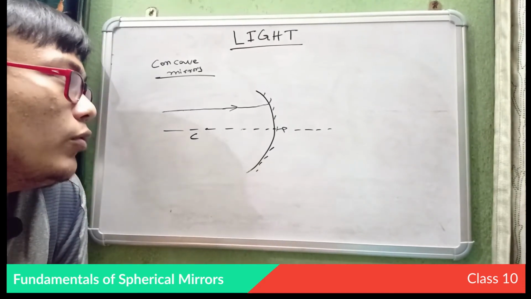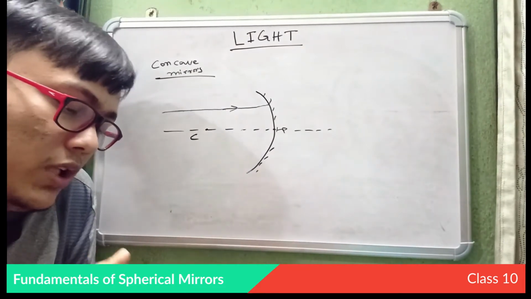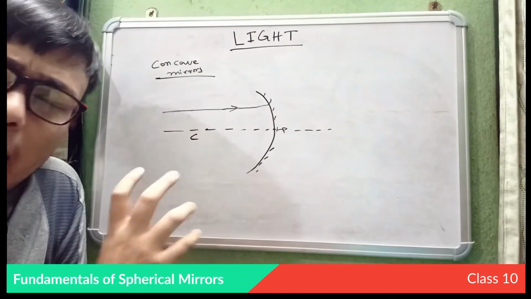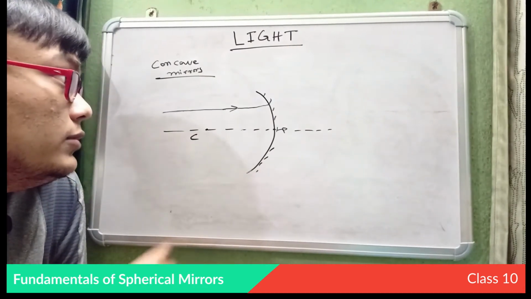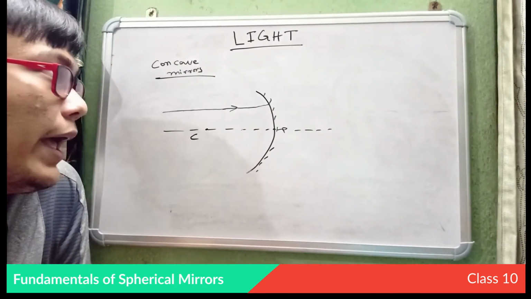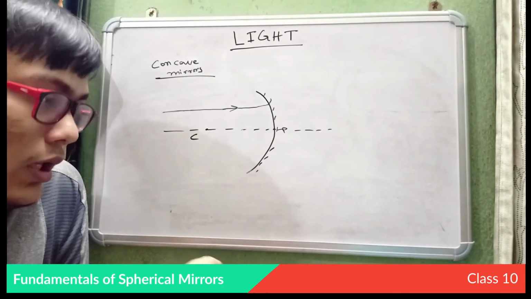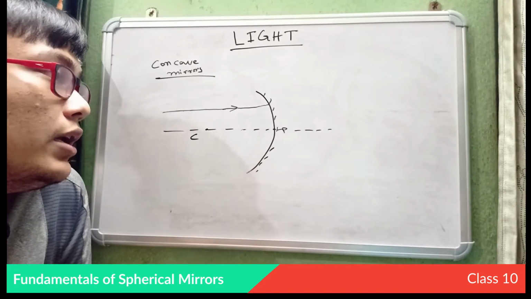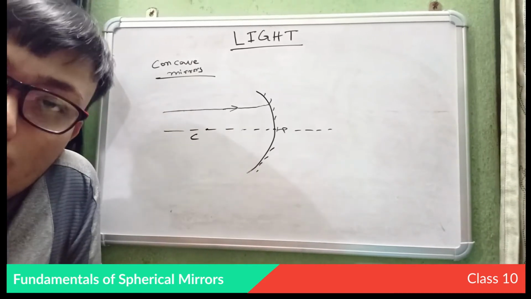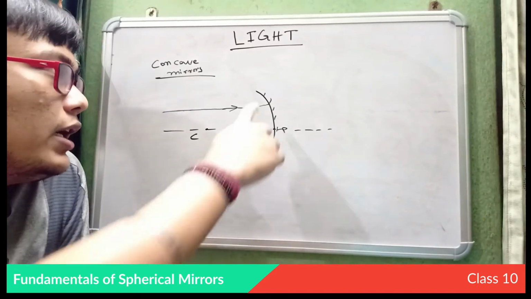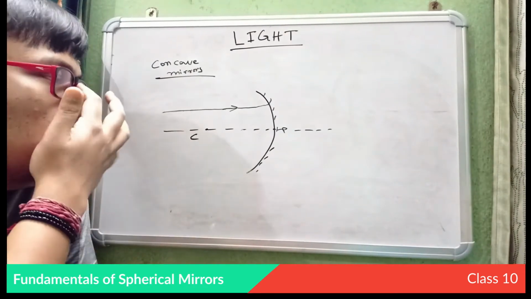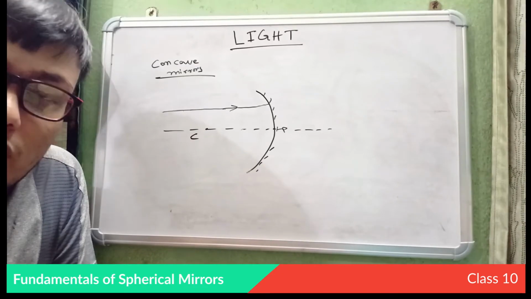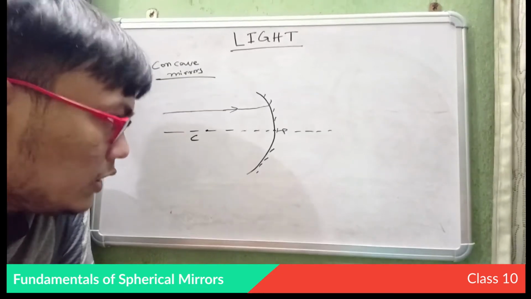Now we know from the laws of reflection that the angle of incidence should also be equal to the angle of reflection. Now we used to calculate the angle of incidence by calculating the angle between the normal and the incident ray, but here this surface is curved, so how is it possible to draw a normal? This is the first question which should come into mind.